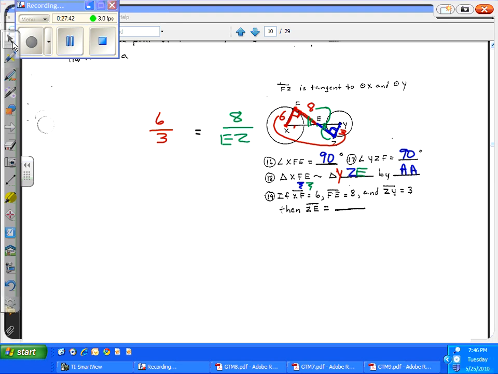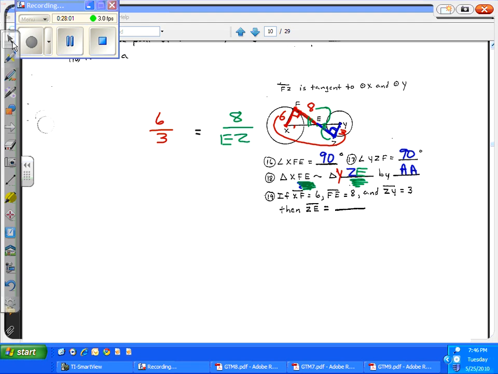You may say, well, I can see how FX goes to YZ, but I can't see how FE goes to EZ. If you can't flip that around in your head, then just look at this. FE is the last two letters. EZ is the last two letters. FE has to go to EZ. Last two letters go to last two letters.